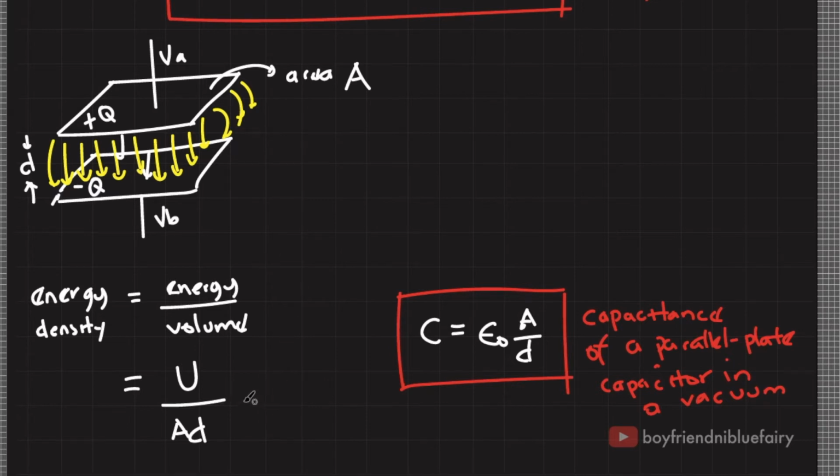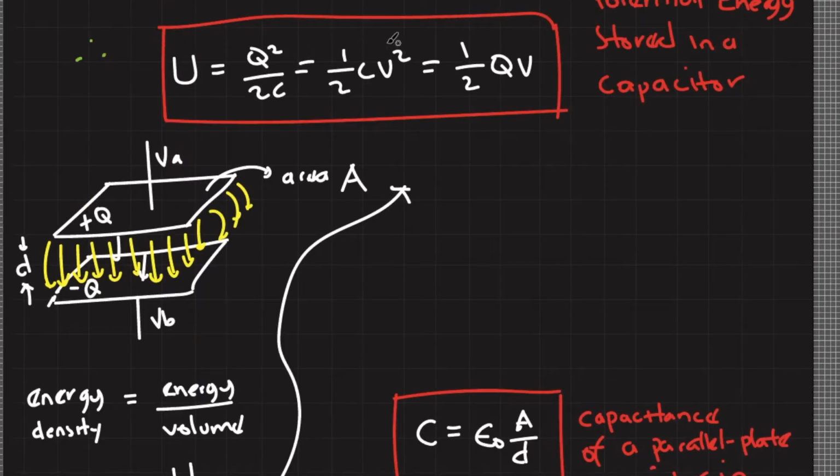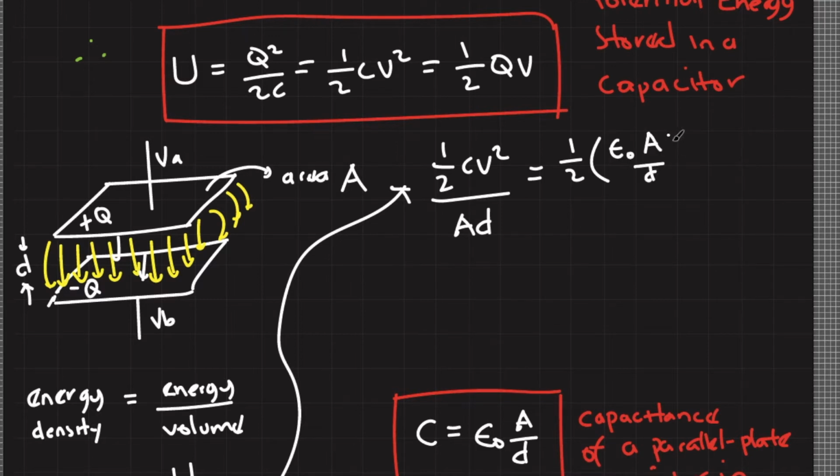So rewriting it here, U is equal to, we can choose any of the three, so I'll just write 1/2 CV squared divided by AD. And we know that C is equal to this one, so 1/2 epsilon naught A over D times V squared over AD.